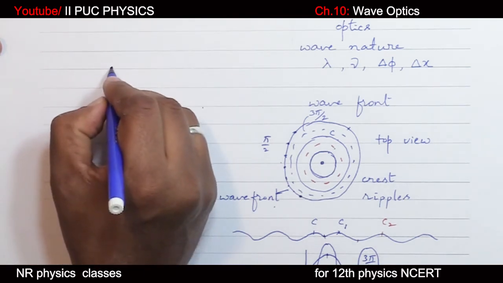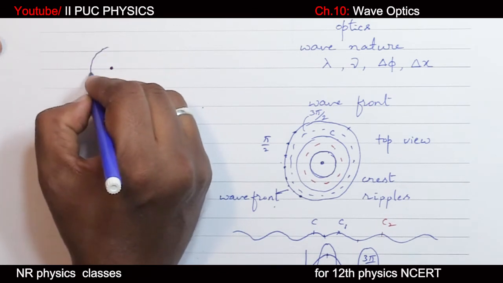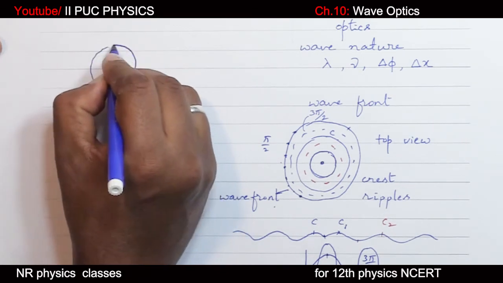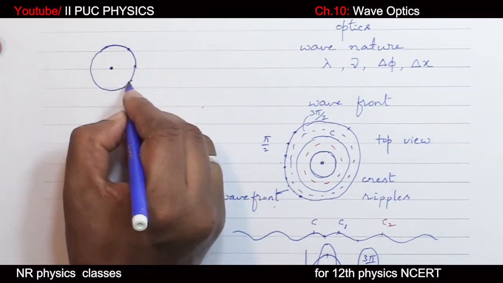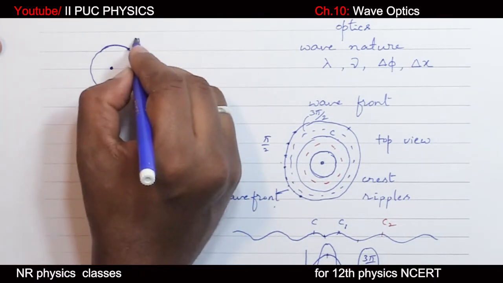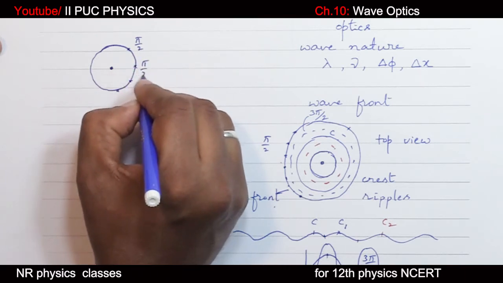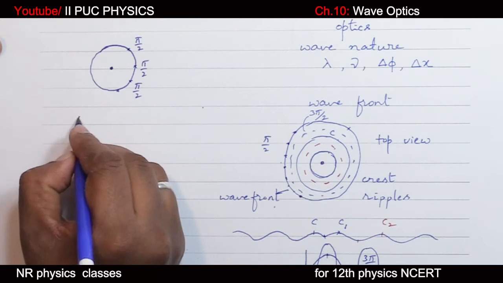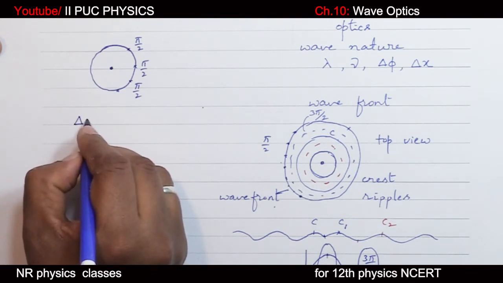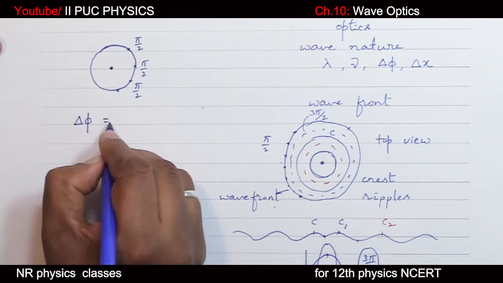If this is the point of disturbance, this is a wavefront. Each and every point on this wavefront is at pi by 2 phase. What is the phase difference between any two points in a wavefront?